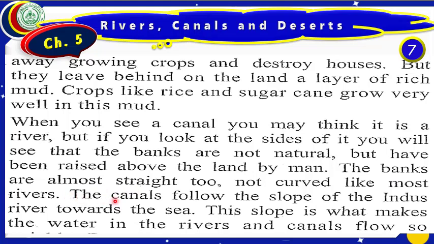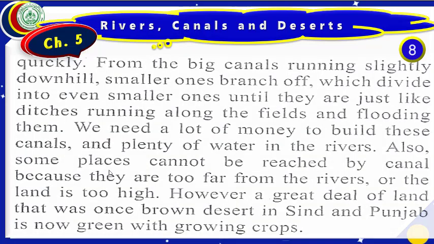The canals follow the slope of the Indus River towards the sea. This slope is what makes the water in the rivers and canals flow so quickly.